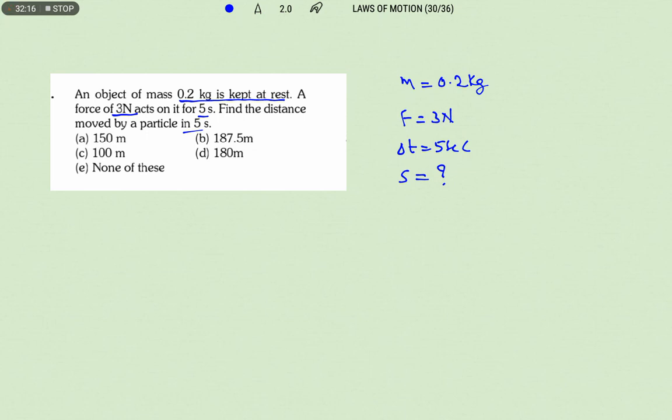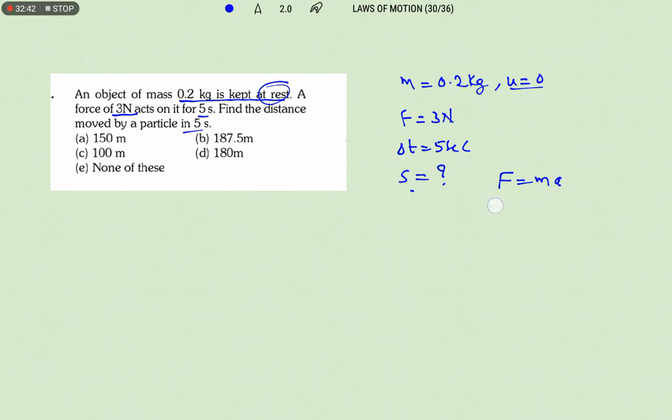To find the distance travelled by the particle, we have one more piece of information here. The object is at rest. If it is at rest, its initial velocity is considered as 0. So we need to find its distance travelled. For that purpose, let us find out its acceleration with the help of F equals to ma.